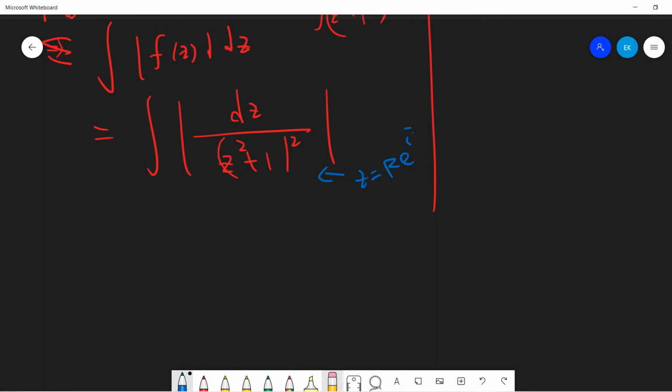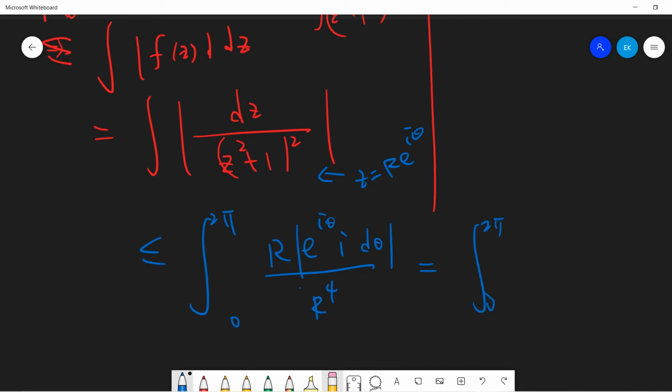Now we can put in our form: z is r exponential i theta, and this is less than or equal to 1 over z to the fourth, because I can cancel this and take the absolute value. The dz is just r exponential i theta times i d theta, integrated from 0 to pi, and the absolute value of z is the radius r, so r to the fourth. So this is 1 over r cubed d theta, because the magnitude of exponential i theta and i is 1.